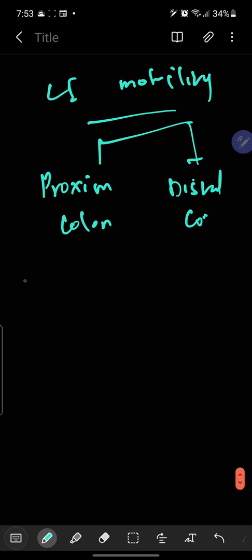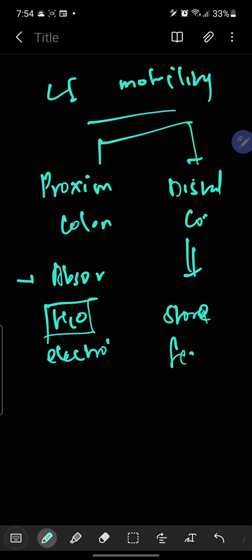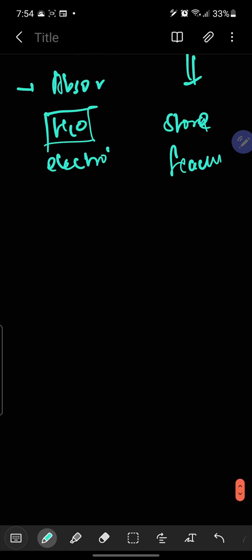In the proximal colon, absorption of water and electrolytes takes place. This is the most efficient site for water absorption. The distal end is for storing feces.